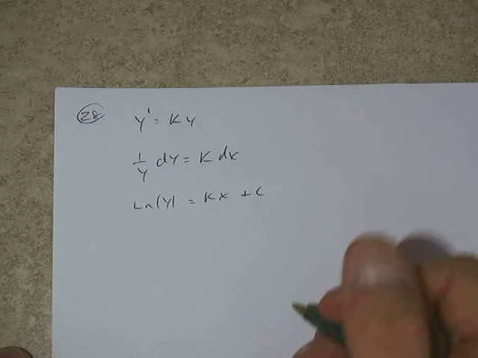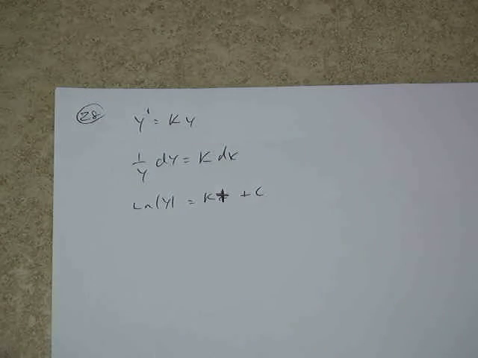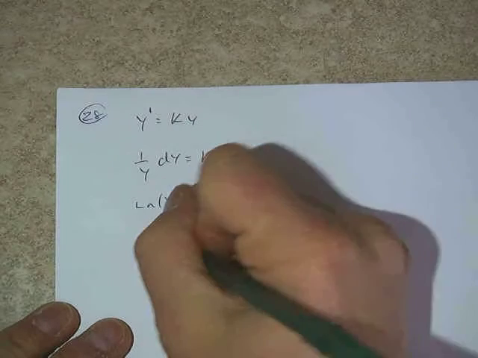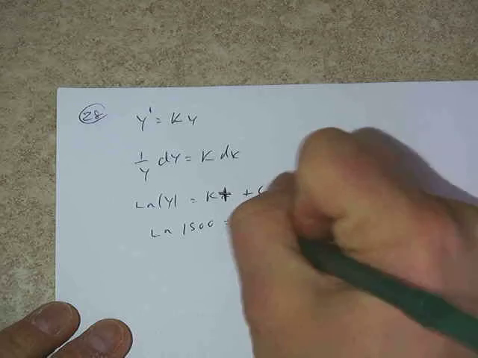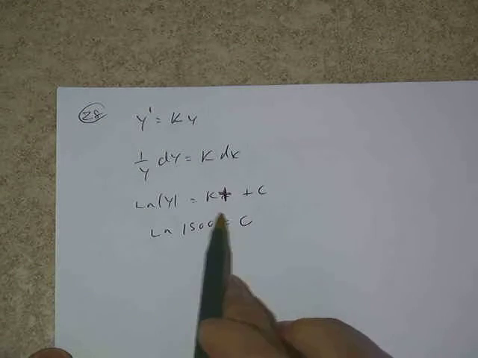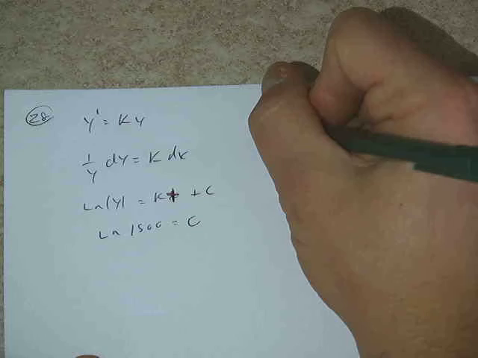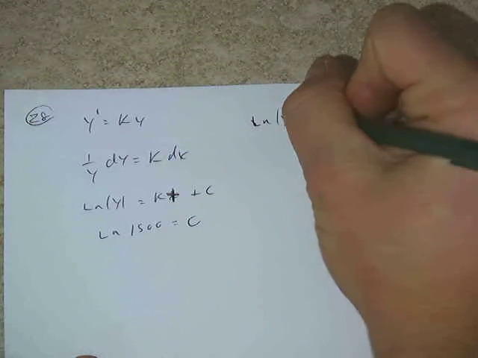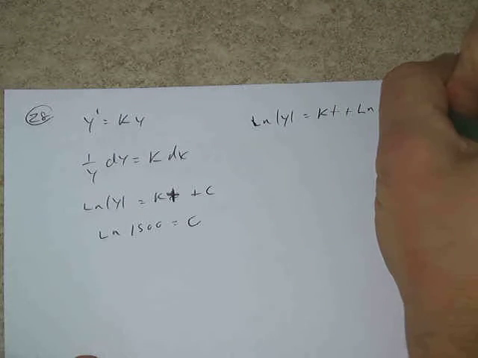In fact, I'll change it to t. So we know the population is 1500, so ln 1500 would be our c in this case. Remember time would be 0 at the initial. So we'd wind up with ln y, absolute value, equals kt plus ln 1500.